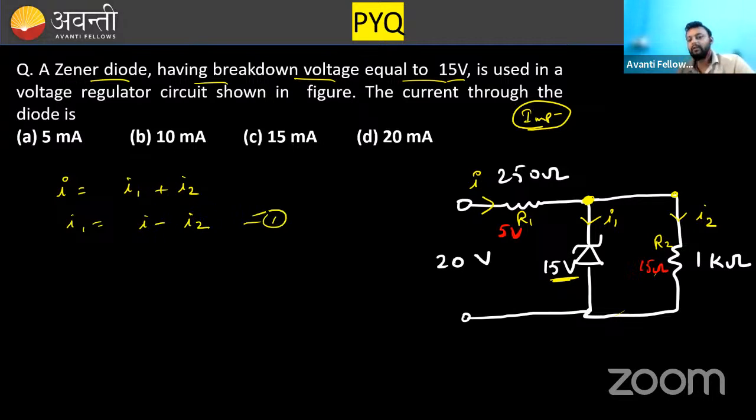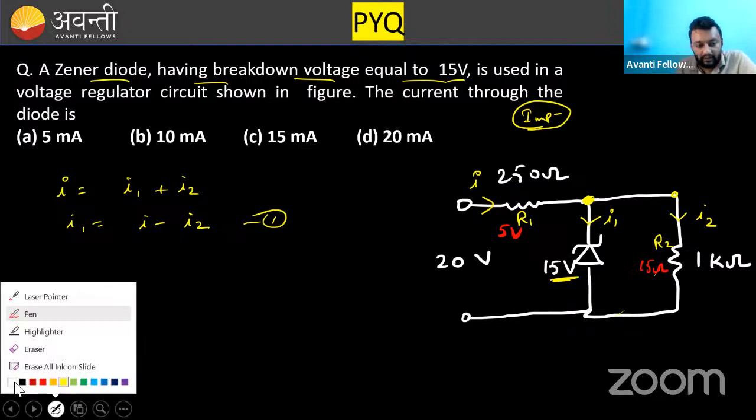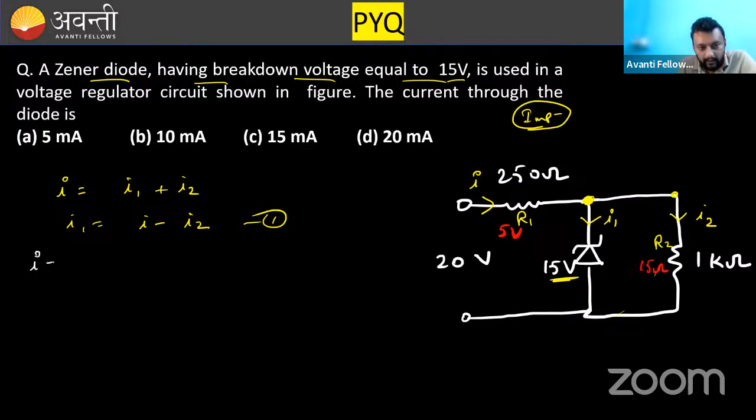Let it be equation number 1. So now I am going to calculate I and I2. I is the current in this 250 ohm resistor. I is equal to, from Ohm's law, V over R. Potential is 5 volt, resistance is 250. That will be 1 by 50 ampere, if I am not wrong.